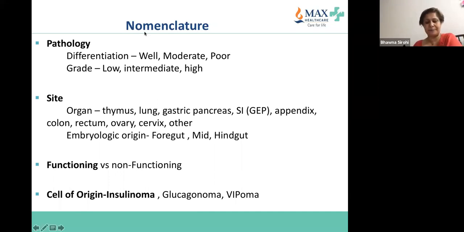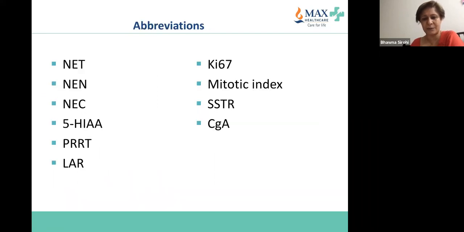And over the years, actually in Tata Hospital itself, I've seen patients with insulinoma and VIPoma, and we can discuss them in detail down the line. Certain abbreviations are very important. Now, neuroendocrine tumor, neuroendocrine neoplasia is the term actually which is the current terminology that we use.